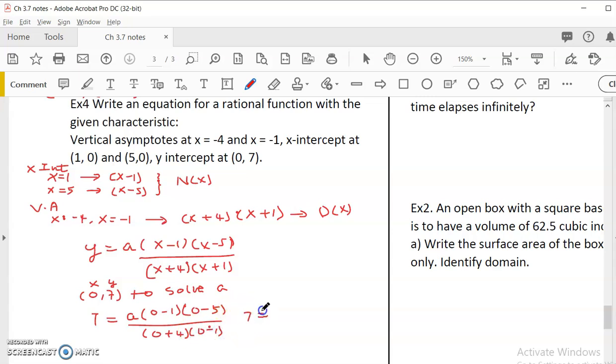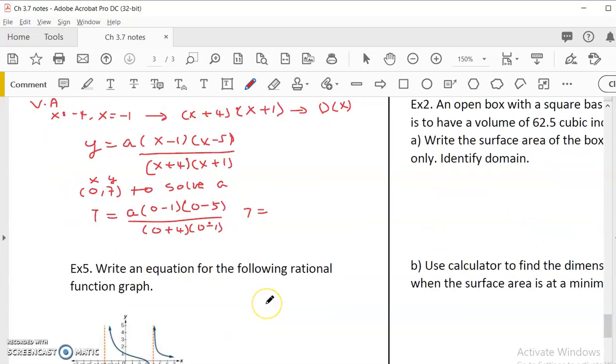So that means 7 is equal to 5a over 4, right? Is this a negative? There's no negative. This is both negative. So a would equal 28 over 5.